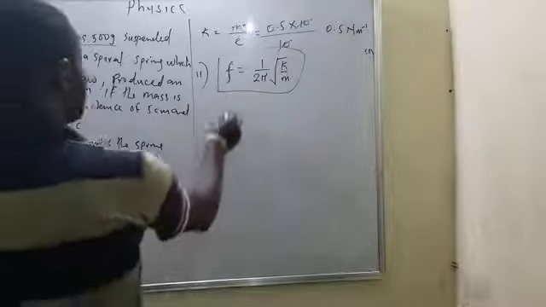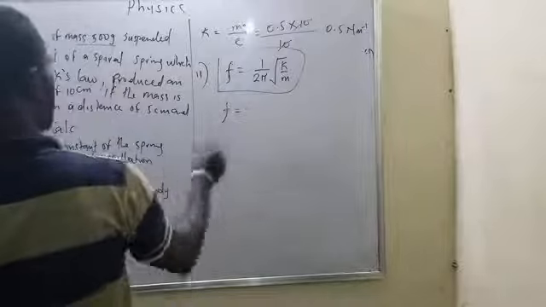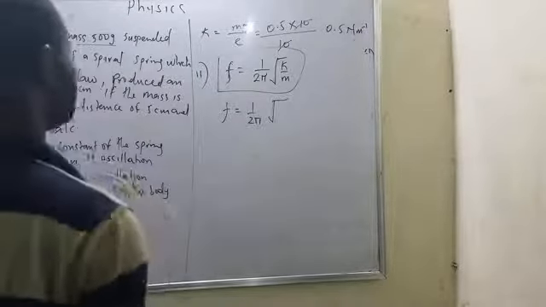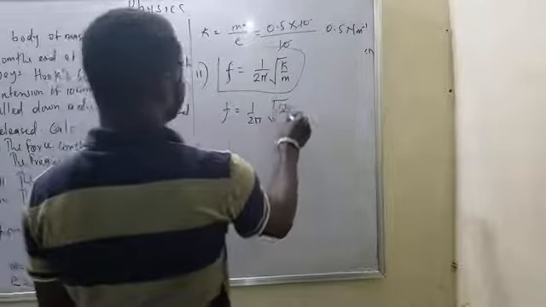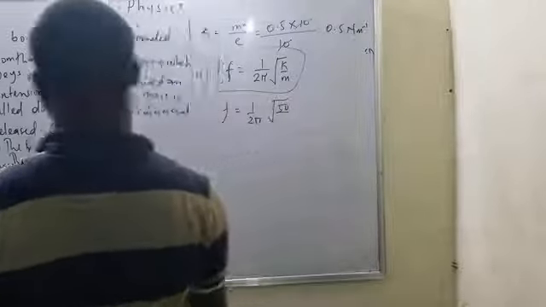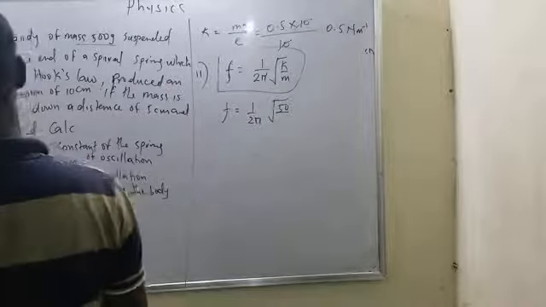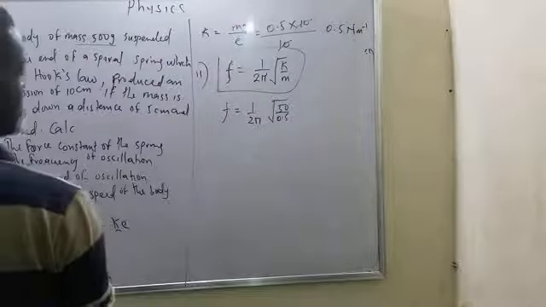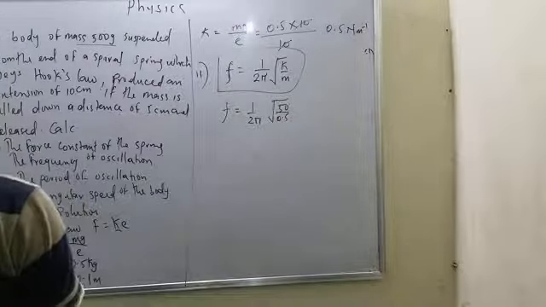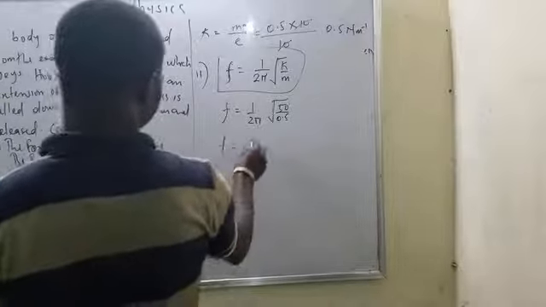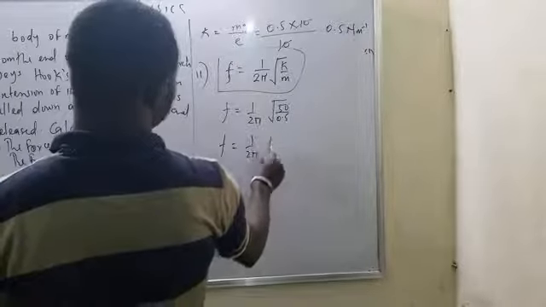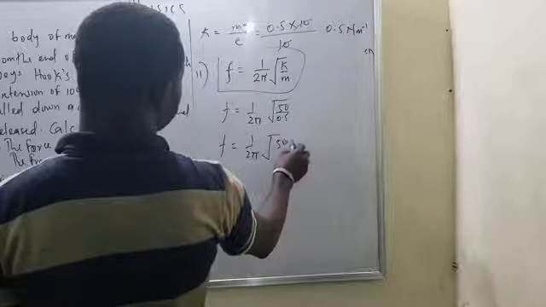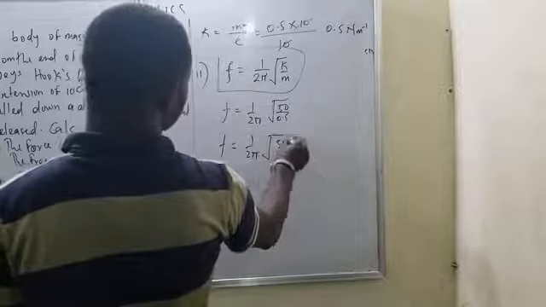My frequency equals 1 over 2 pi times the root of 50 divided by 0.5, which is 50 multiplied by 2, which is 100.